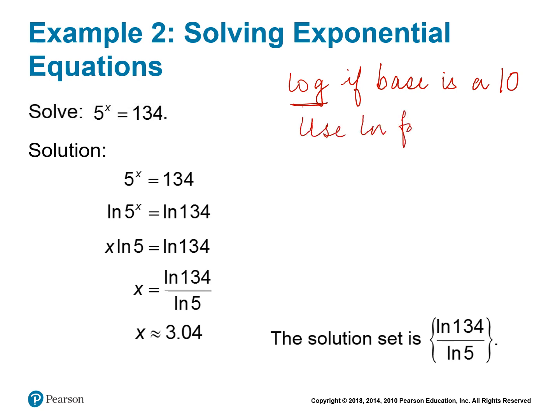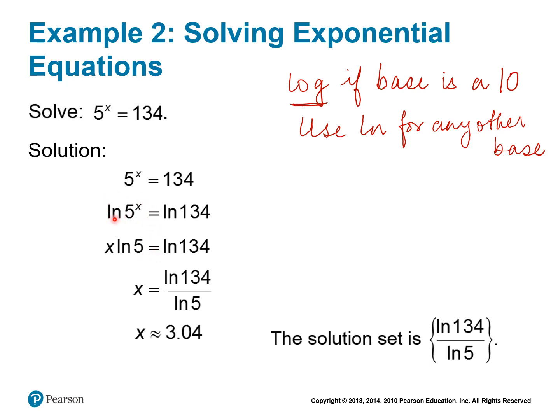Use ln for any other base. So that's why they've taken the ln of both sides. And then they rewrite ln 5 to the power x using the power rule, which is x times ln of 5.